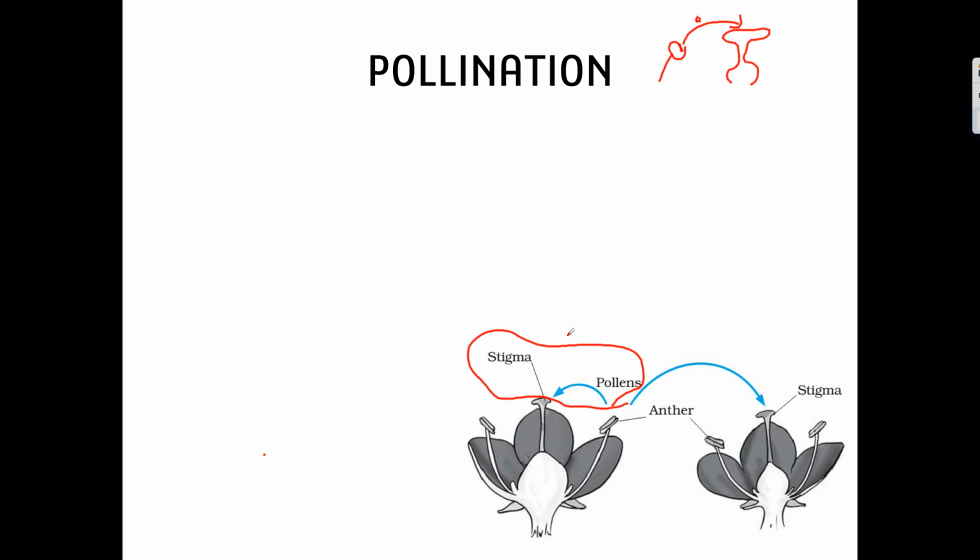So this is self-pollination. If the transfer of pollen grains happens from one flower to another flower, this is called cross-pollination. Usually because of cross-pollination, variation is observed.